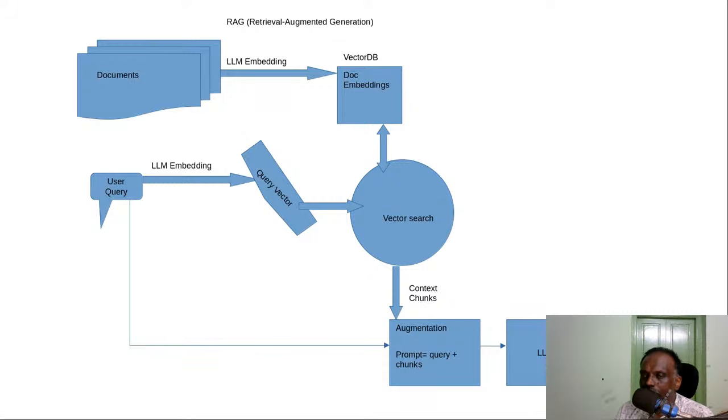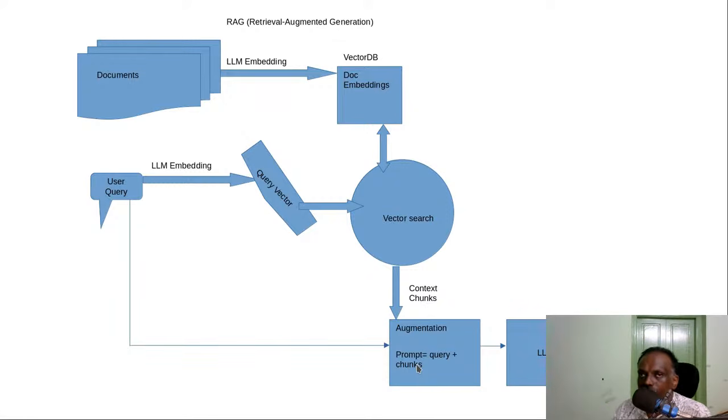But because of various reasons, including the context window limit, first we have to split the knowledge source documents into multiple chunks, and choose the appropriate chunks and send those context chunks along with the user query to the LLM. That's augmentation. So augmentation is nothing but including the query and the context chunks as the prompt. But in real use, we have to include a proper system prompt.